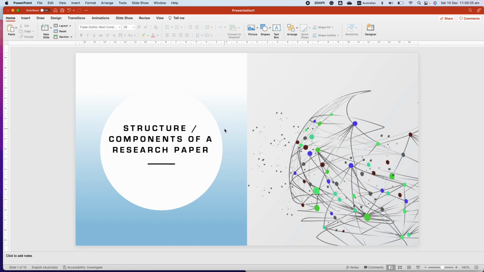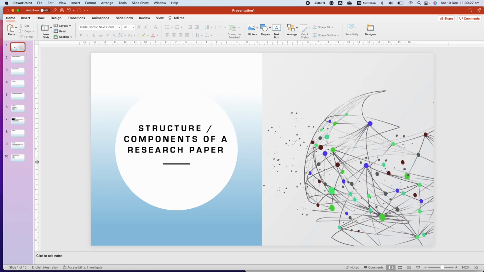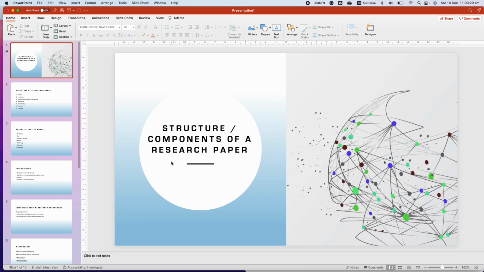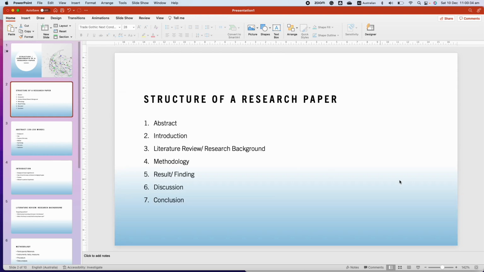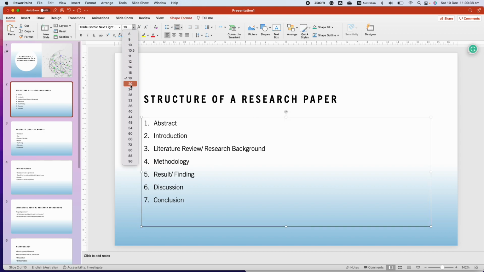That is also the key structure, the key components of the research paper that I'd like to share with you. Hopefully it helps you have a better idea of what is in a paper.